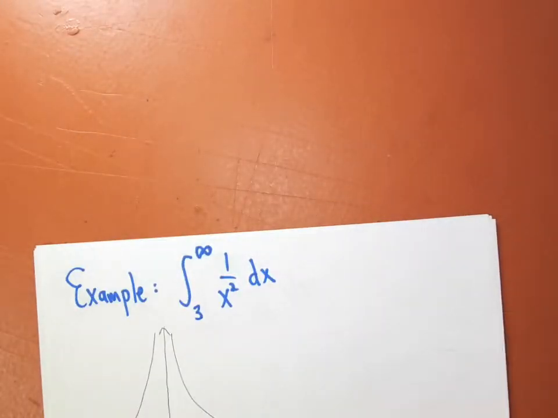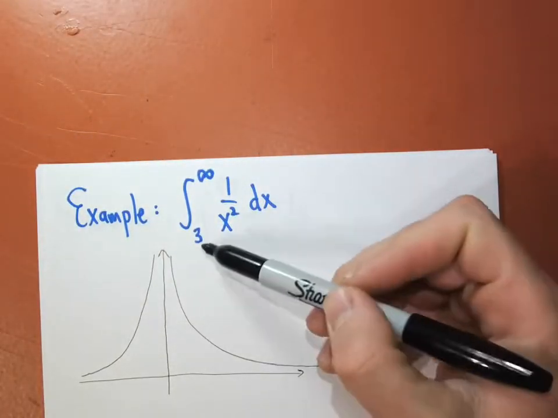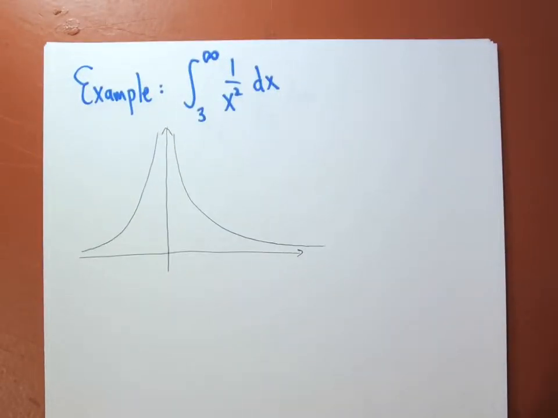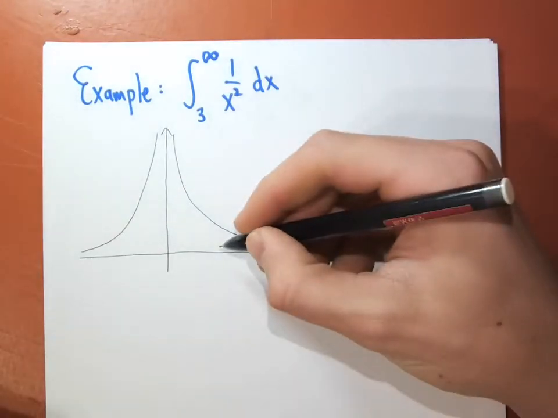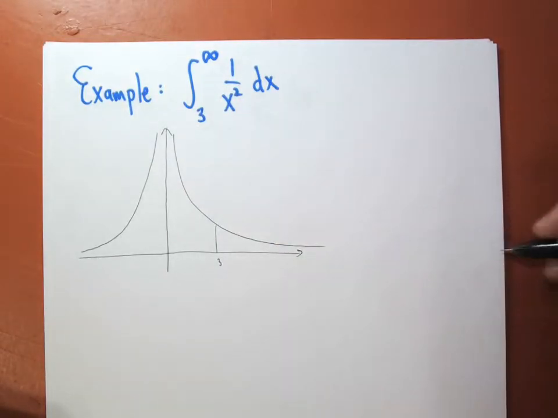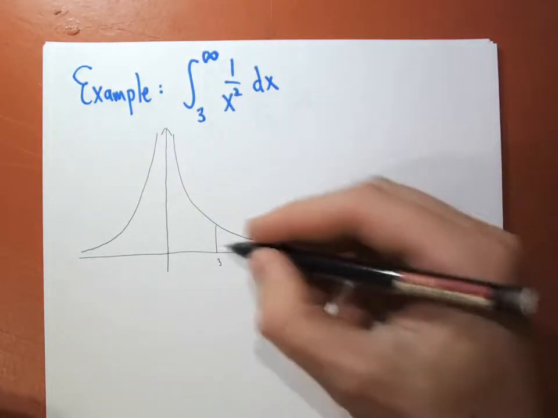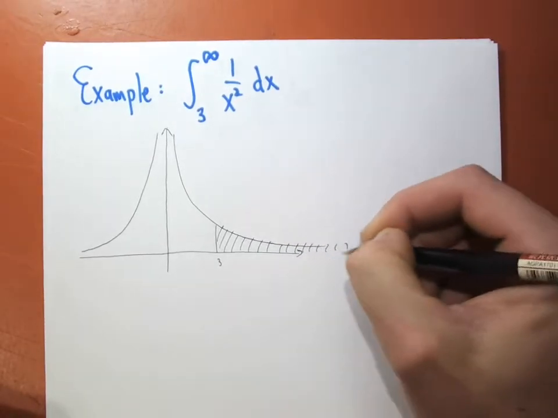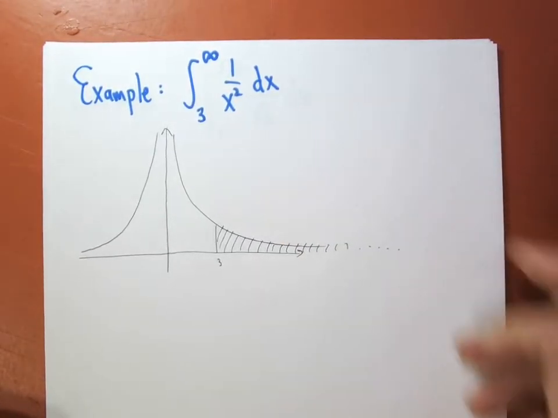Here's the first example. Integrate from 3 to infinity 1 over x squared dx. So right here I have the graph of the function 1 over x squared. We're supposed to integrate this from 3, which is right here, all the way up to infinity, which is way off the page over there. So I'm talking about this region here. It goes on forever.